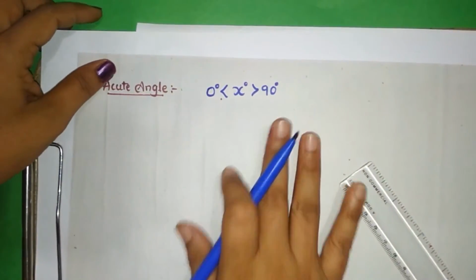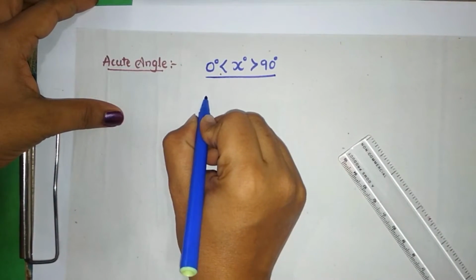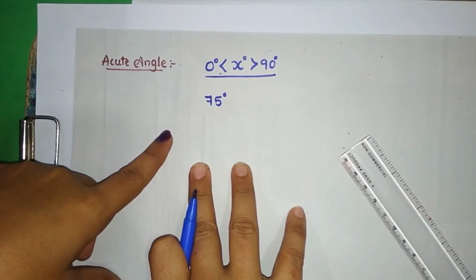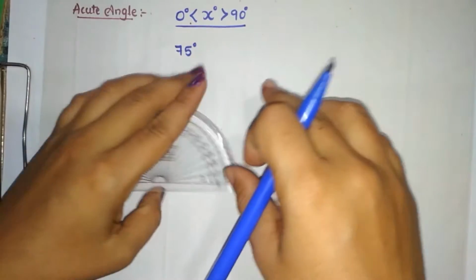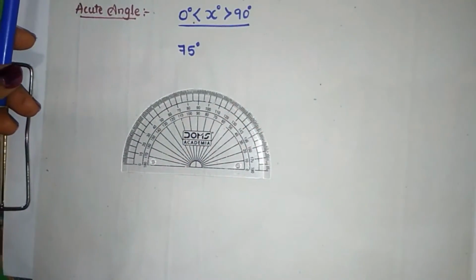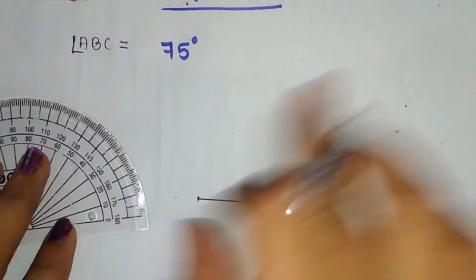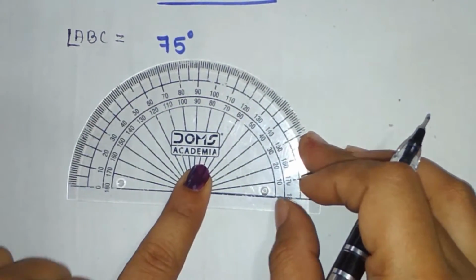Then we can take one example, like 75 degree. Now I will show you an example of an acute angle. I have taken here 75 degree. How to draw this 75 degree?